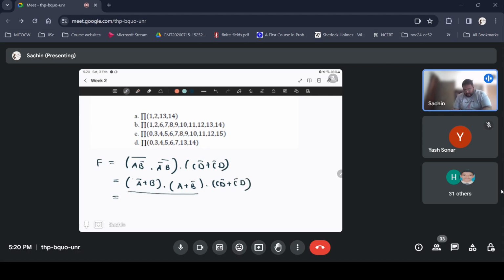You multiply this out using distributive law. What you'll get is A bar A is 0, B B bar will also be 0. What you'll be left with is A bar B bar and AB. So it's AB plus A bar B bar and (C D bar plus C bar D).